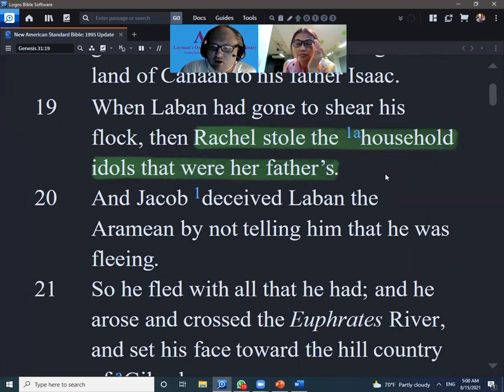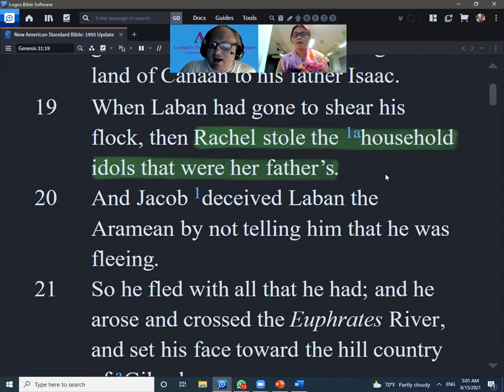The other is that possessing the idols related to inheritance, because they're talking about not having their father's inheritance. Think of it like this, I think the connection goes: you make the idol, right?